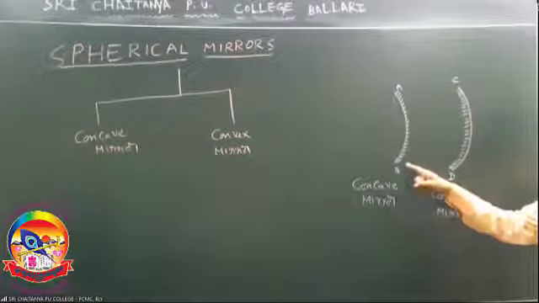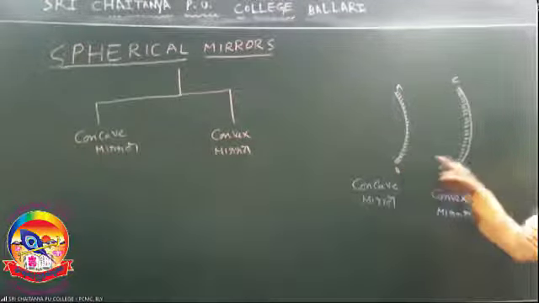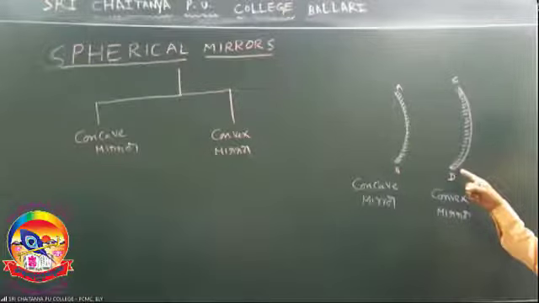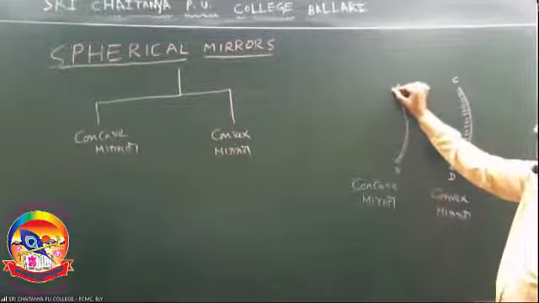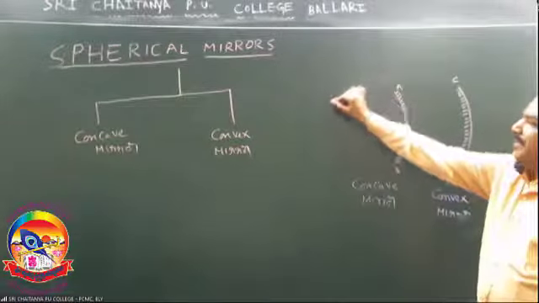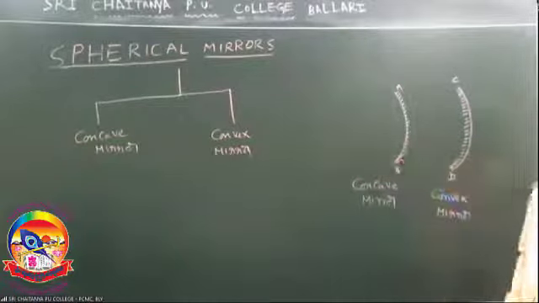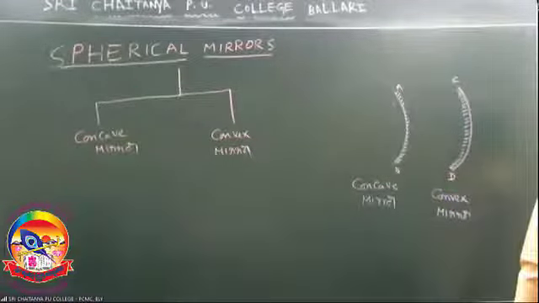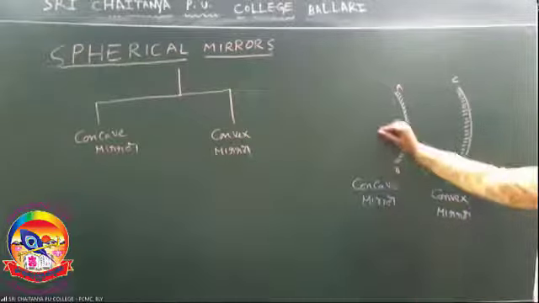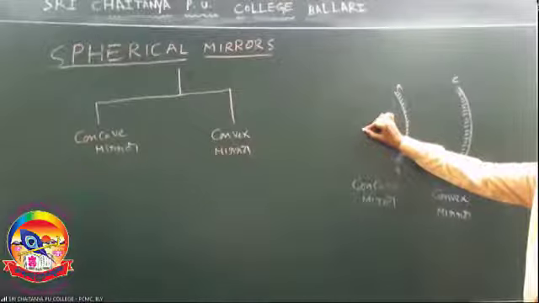How to define and identify the concave mirror and the convex mirror? Very simple. We have to imagine this as a complete sphere. This mirror is a small portion of the complete sphere, and there will be a center for that sphere.